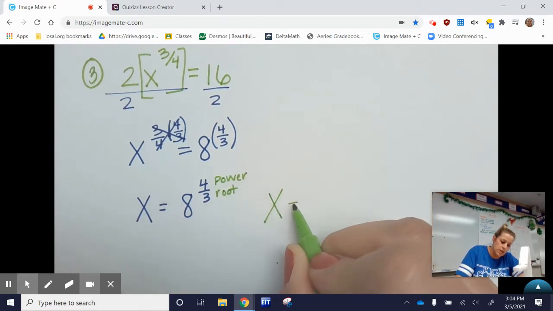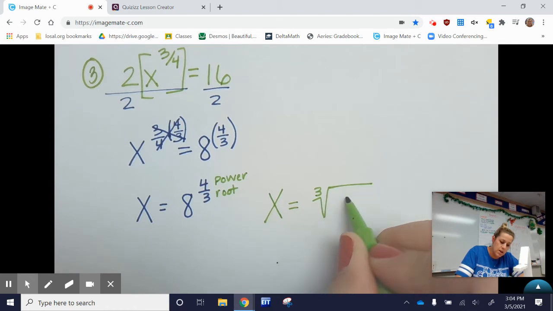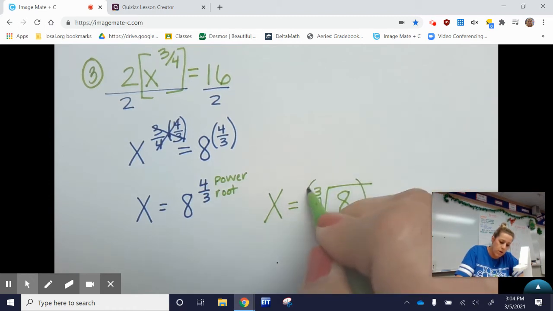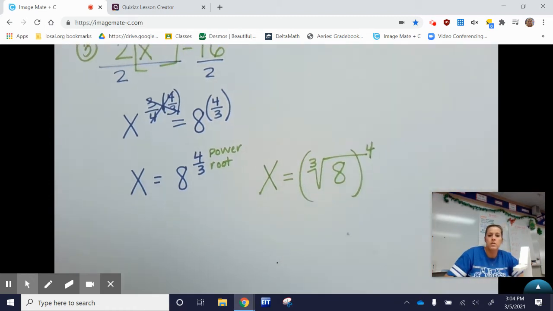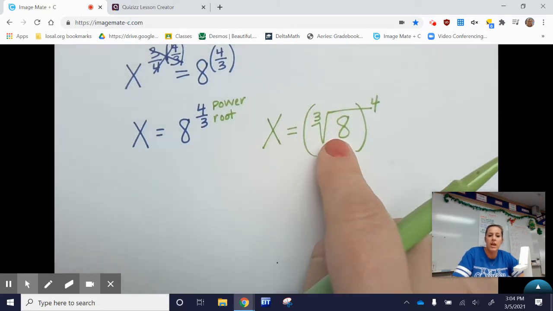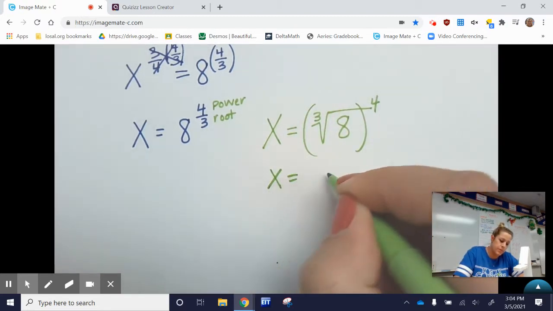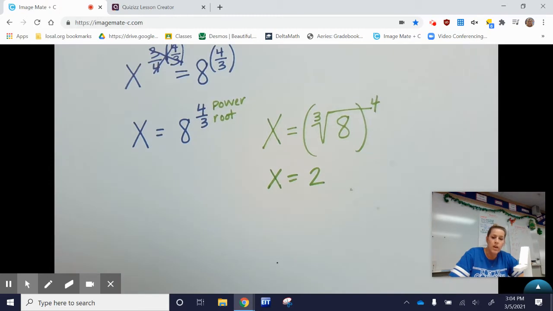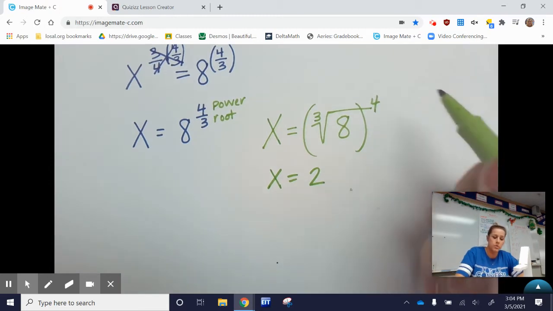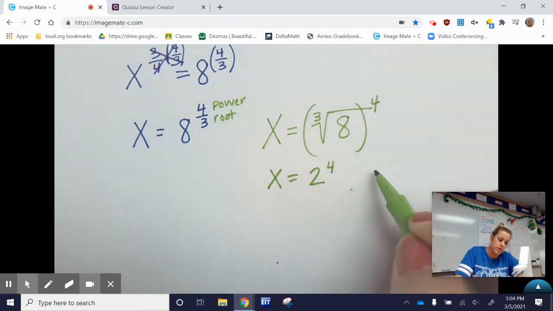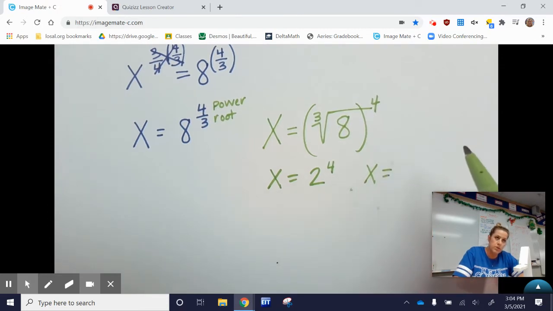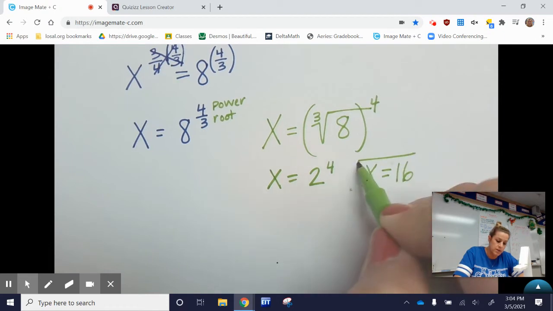So the root is 3, and then we have a power of 4. So the cube root of 8 is 2. And then we have to raise it to the 4th power. So x equals 2 times 2, which is 4, times another 4. It's going to give us 16.